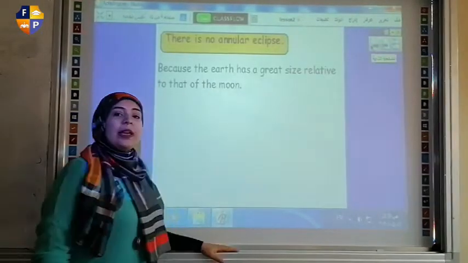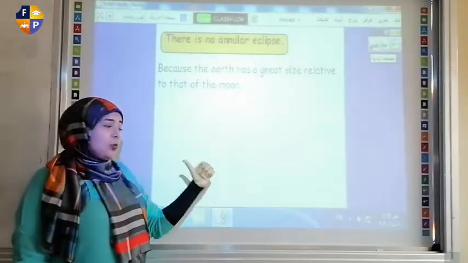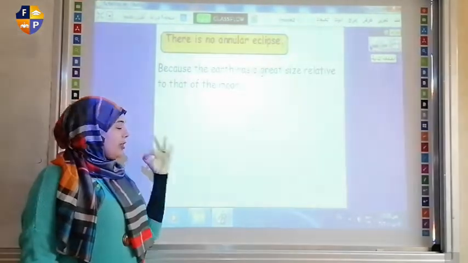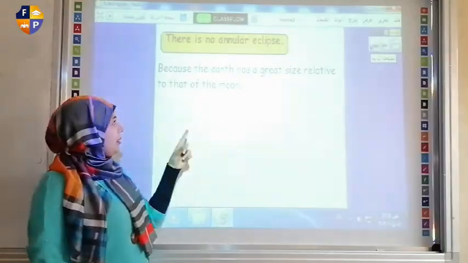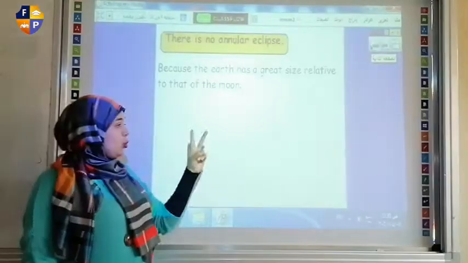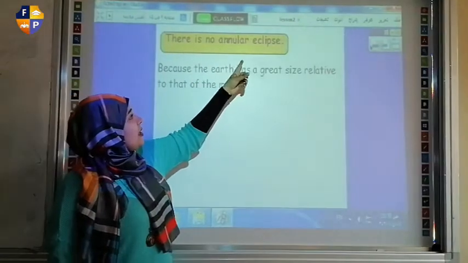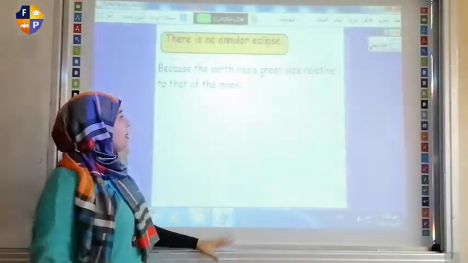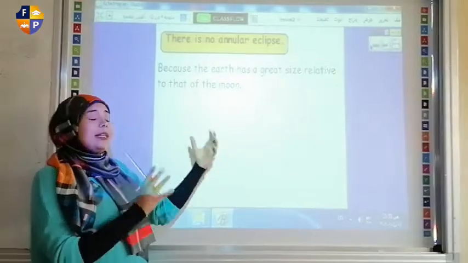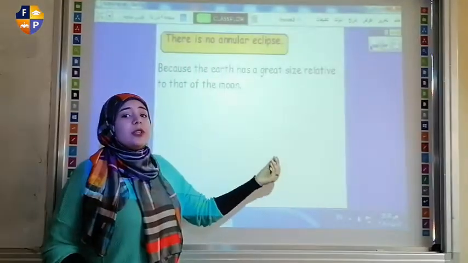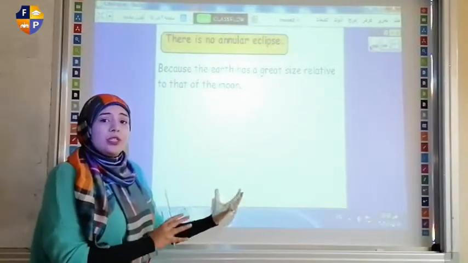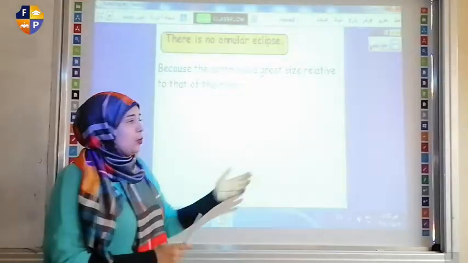And now, in solar eclipse, there were three types of solar eclipse, but in lunar eclipse we have two types of lunar eclipse. Why is there no annular lunar eclipse? Because the size of the Earth is bigger than the size of the moon.